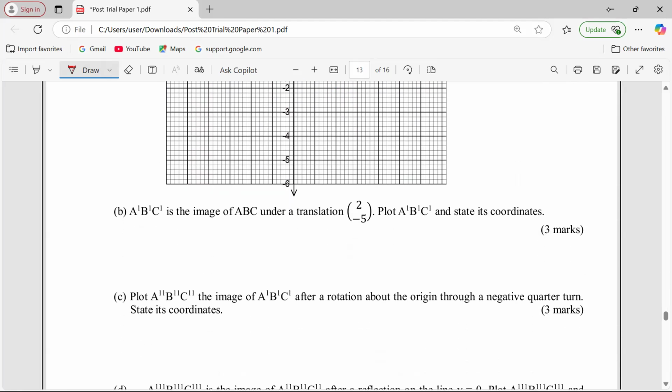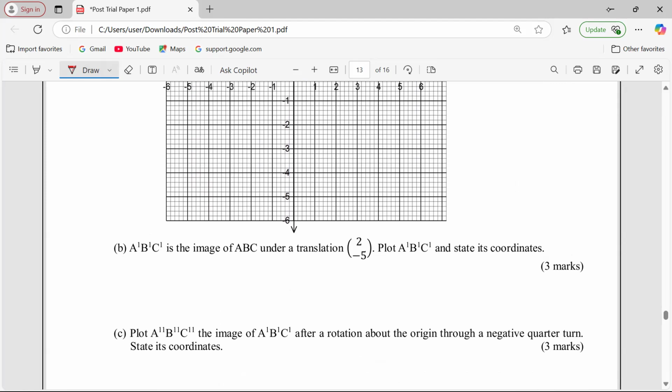In part B now, we are told that A'B'C' is the image of ABC under a translation where the vector is (2, -5). Plot A'B'C' and state its coordinates.